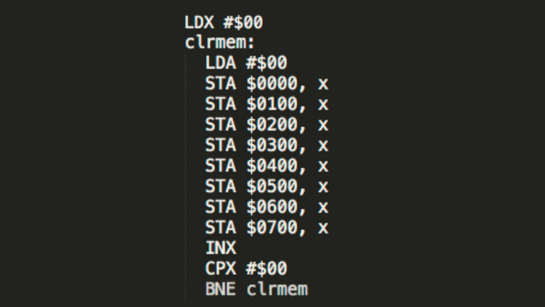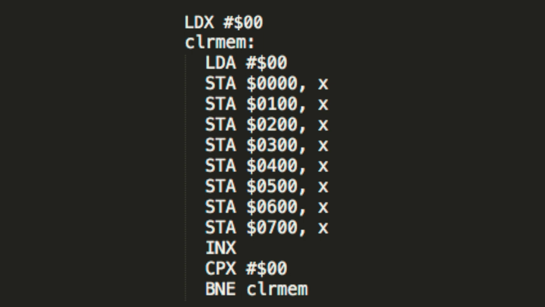The next line, BNE, is branch if not equal. Branch meaning go to the position in code, and the following part there is the name of the label that we created at the beginning of the code. And so what we're writing here is branch to this label if the comparison says that the two values aren't equal.